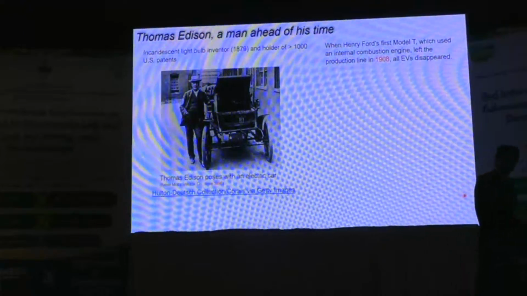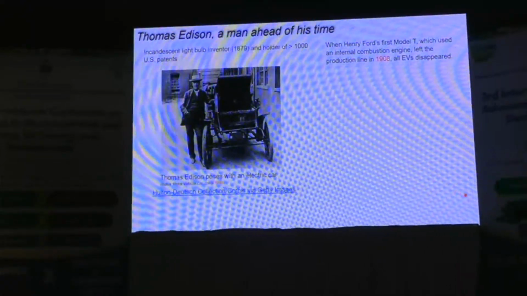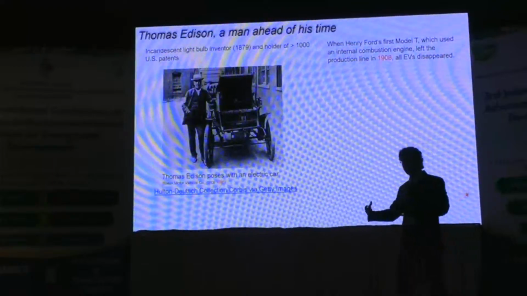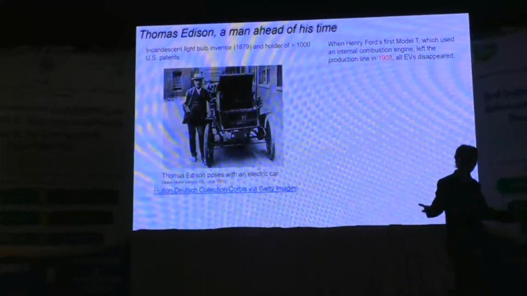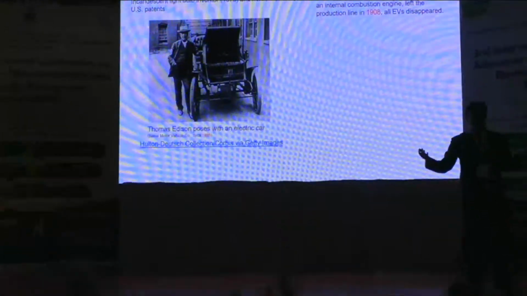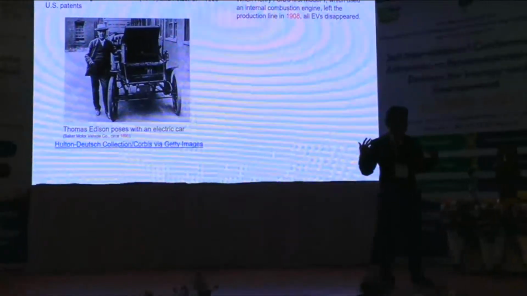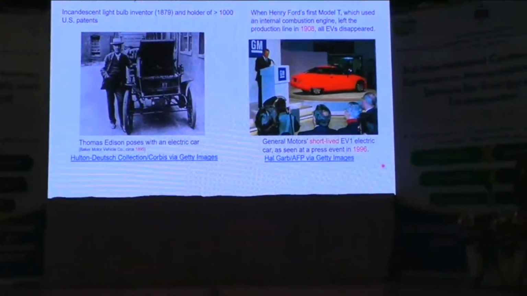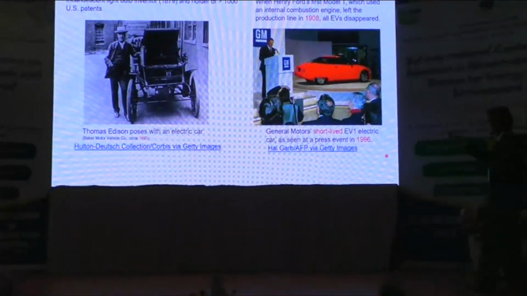Right? So since then, electric cars are trying to come back in a big way. And today, of course, Tesla is there, and there are many other companies. And trying to bring electric vehicles back into our commuting stream was first taken up by General Motors.